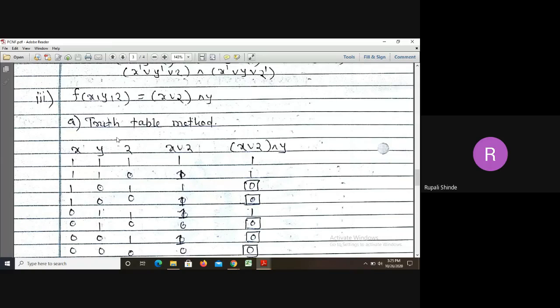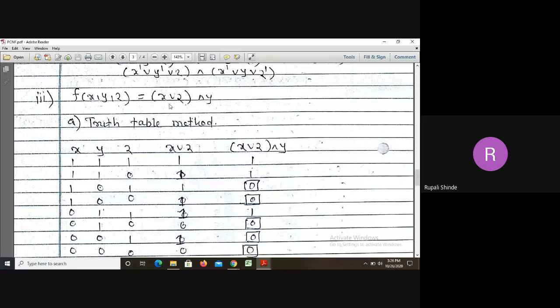First of all, we see how many variables there are in the given function, and those variables are x, y, z. That means there will be 2 raised to 3, that is 8, possible combinations of truth values, and those we have written over here. It is 4 ones and 4 zeros. Again for y, 2 ones, 2 zeros, and for z, 1 0, 1 0.